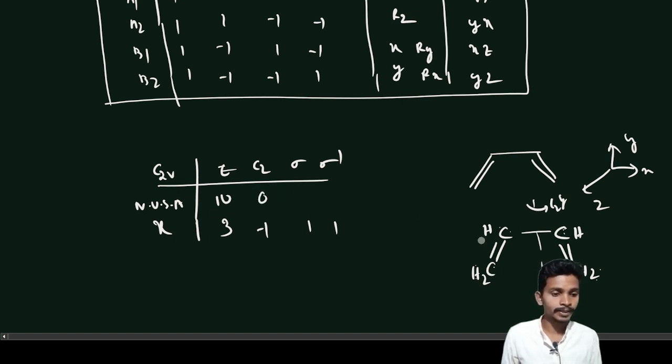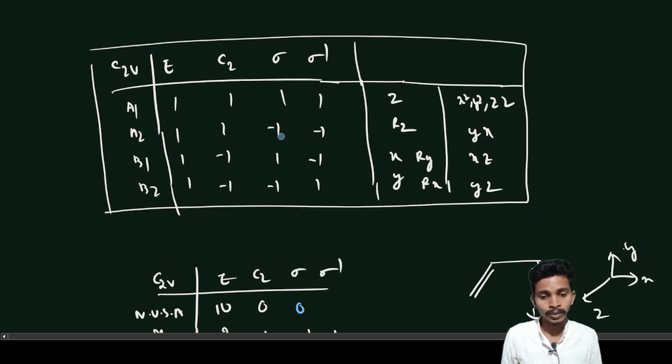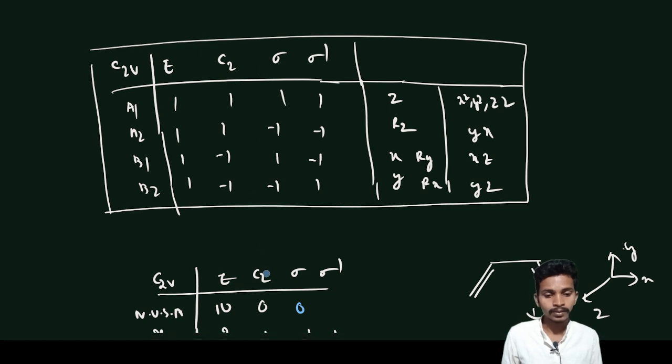And if I apply sigma, let's say the yz plane, then also all atoms will change, so this is also 0. First we have to look at which planes we are using here. This and this we have to keep the same, because here we are using b1, and this is the molecular plane.